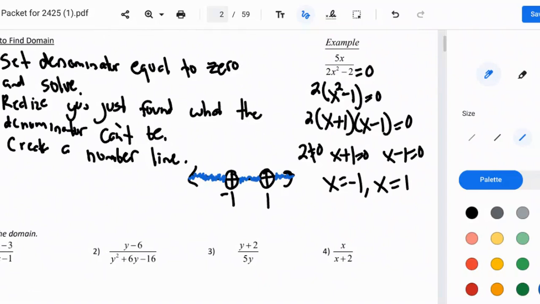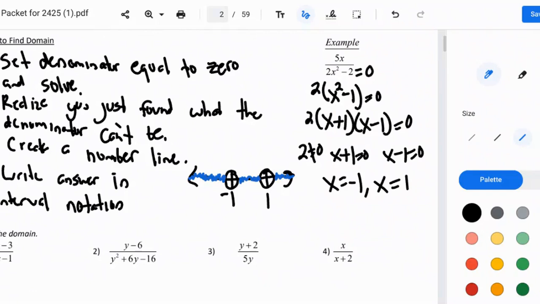So step 4 is to write our answer in interval notation. If we just copy this number line, that goes from negative infinity to positive infinity.